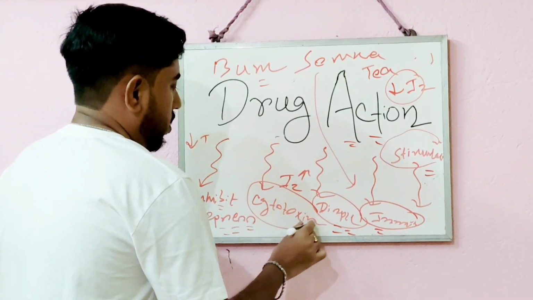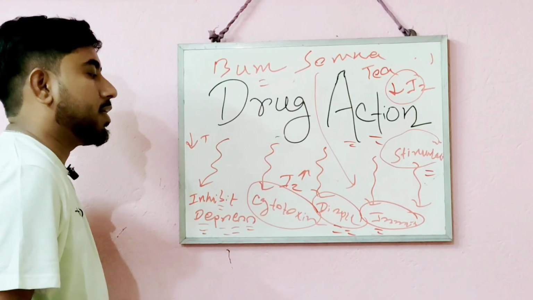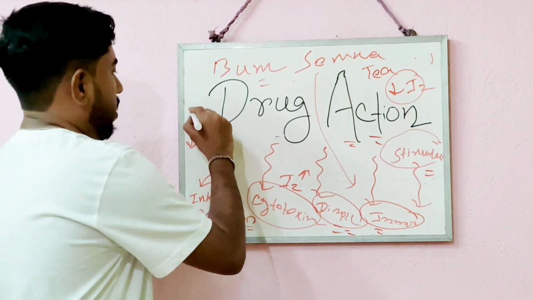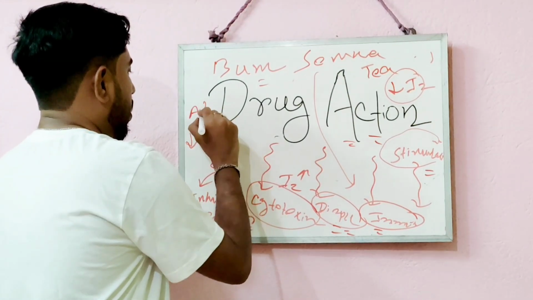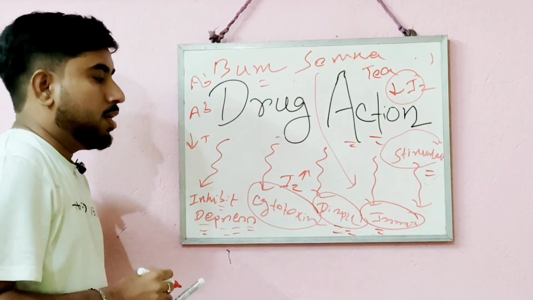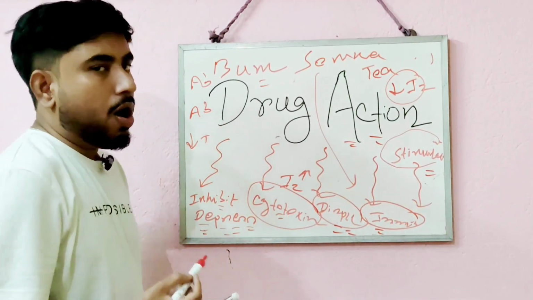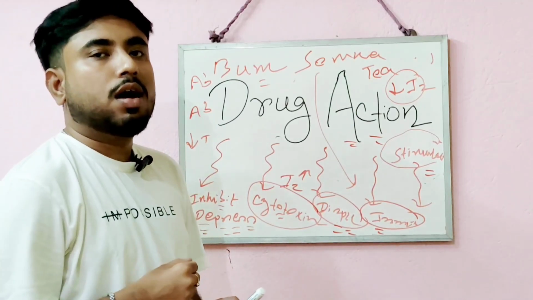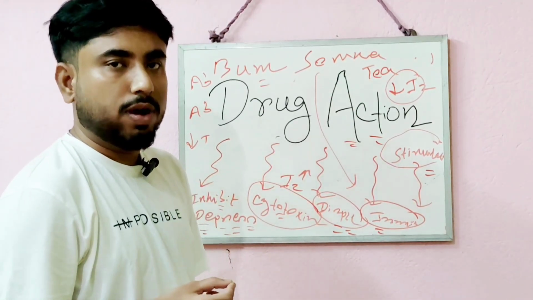The last one is cytotoxin. That is a very specific action, generally antibiotics or antibody-forming drugs. In that, what happens is different antigens come from outside and create infection in our body.